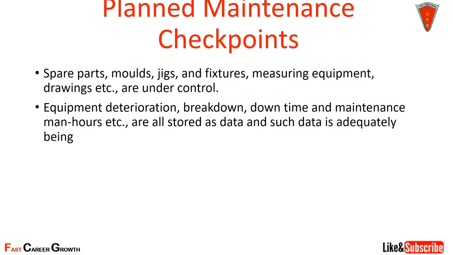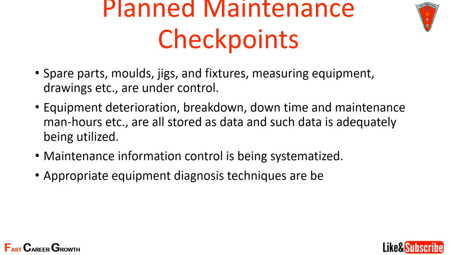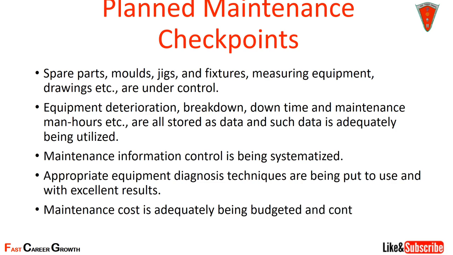Maintenance information control is being systemized. Appropriate equipment diagnosis techniques are being put to use with excellent results. The last one is maintenance cost is adequately budgeted and can be controlled. These are the checkpoints for planned maintenance.